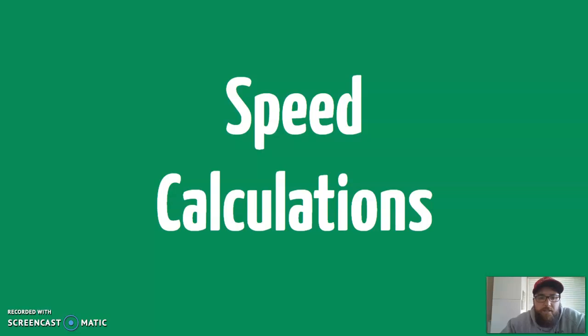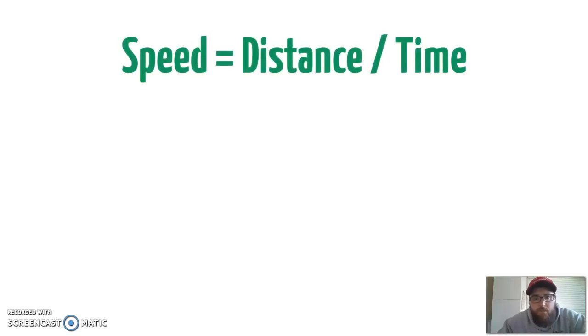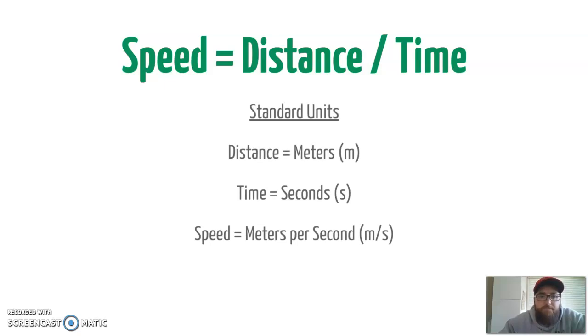Okay, so like I said, today's lesson is all about speed calculations. A lot of you might already be a little bit familiar with this, but the formula that we use to calculate speed is distance divided by time. So in order to find the speed of an object, you need to know the distance that it travels and the time that it takes to travel that distance.